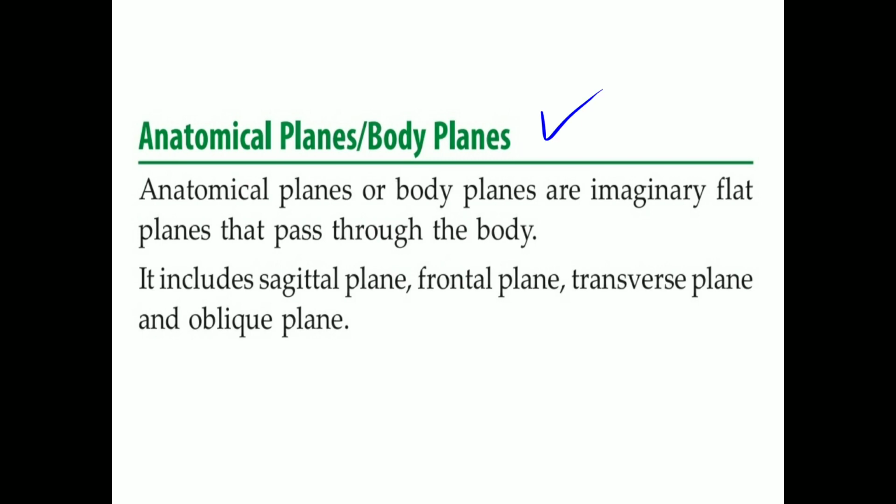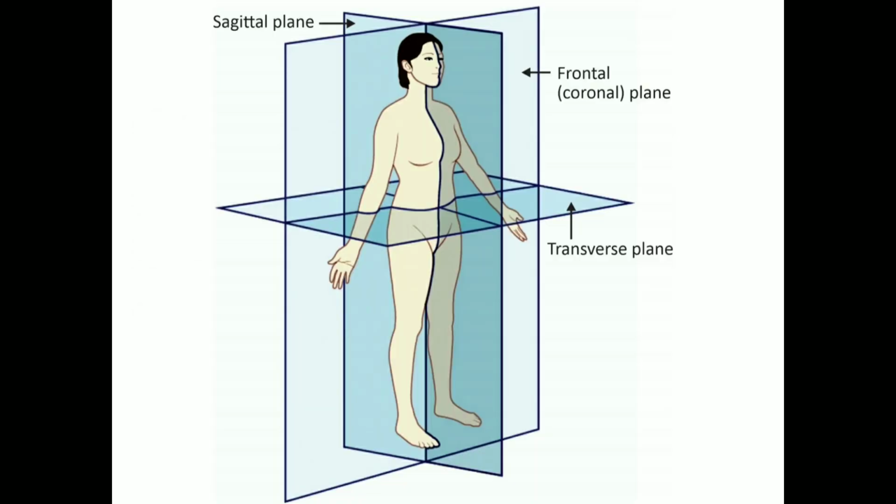Then anatomical planes, or the body planes. Anatomical planes are the imaginary flat planes that pass through our body, which include the sagittal plane, frontal plane, transverse plane, oblique plane, etc. You can see that in the diagram.